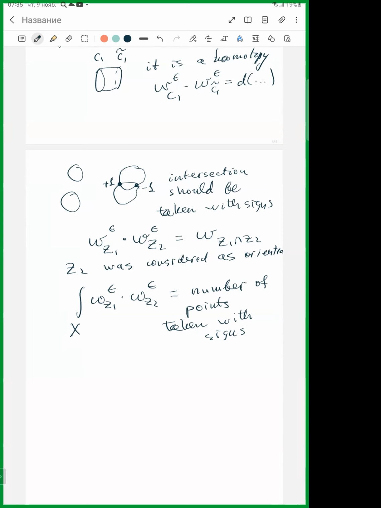So the intersection of two oriented cycles naturally inherits orientation, yes? Yes, of course. There is orientation everywhere. And cancellation is like dx dy is minus dy dx.